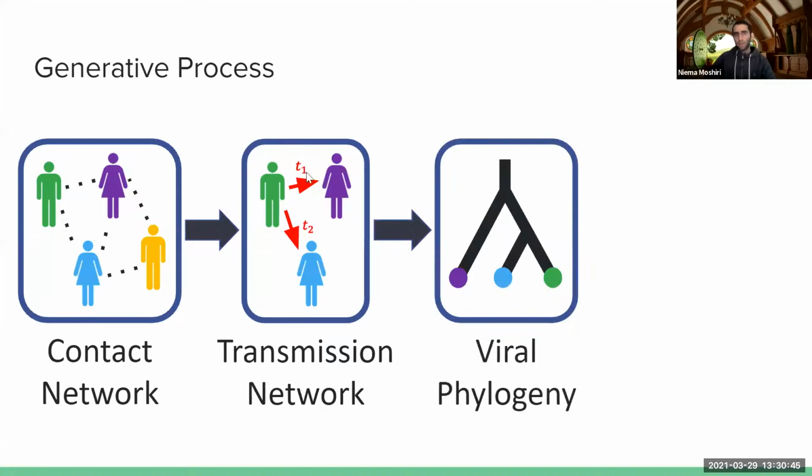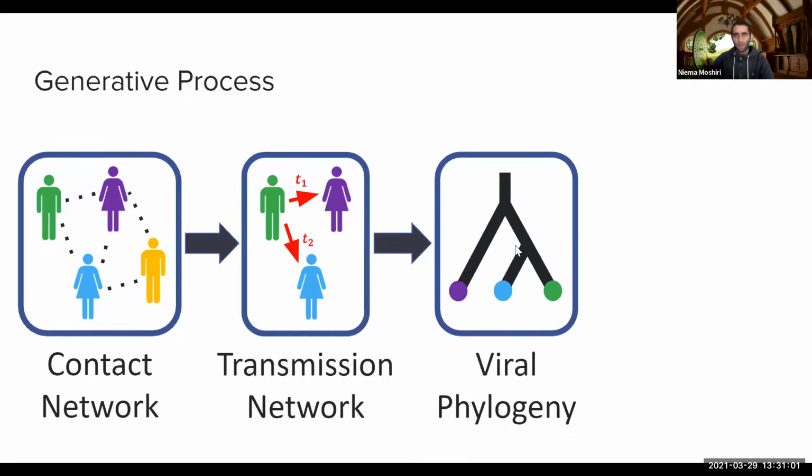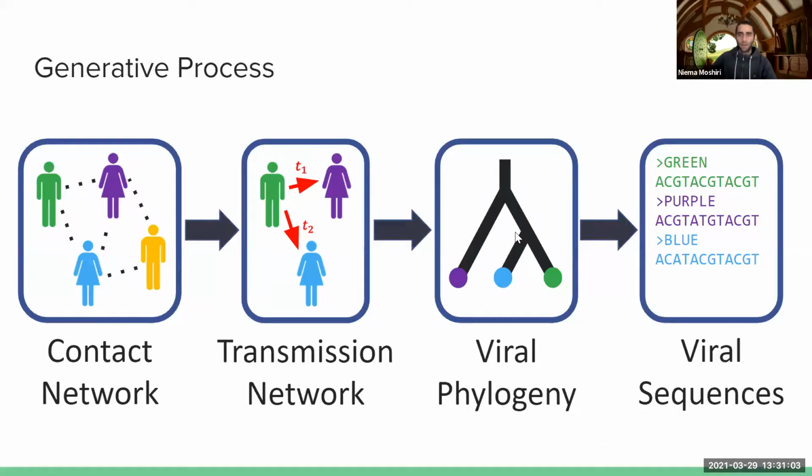And then similarly, the evolutionary histories are constrained by or dependent upon the transmission network. So whatever transmission network ends up actually happening strictly dictates restrictions on how the evolutionary history of the tree could have happened. And then similarly, the viral sequences evolve in a way that's very constrained by what was the ancestral sequence and what is the tree shape.